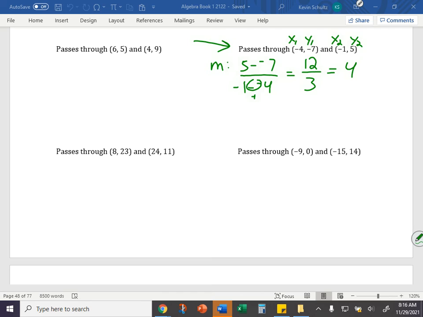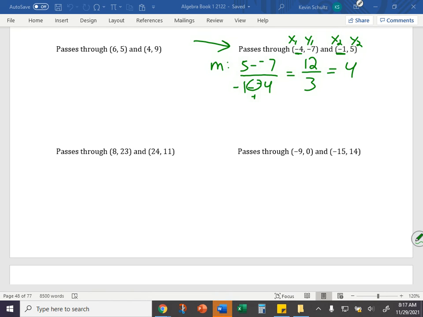It's part of the formula. And since our x value here was negative, we have to include that also. We have to include the subtraction sign that's in the formula, and we have to include the negative sign on our second ordered pair. Okay, and so that's what we end up with.